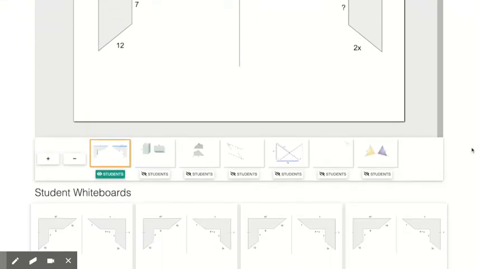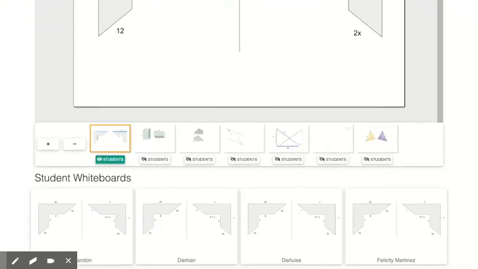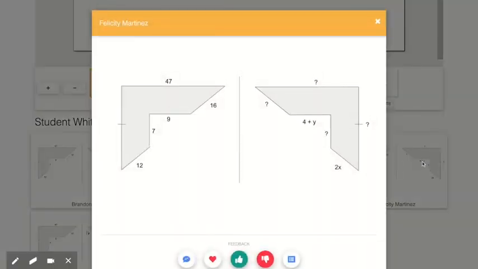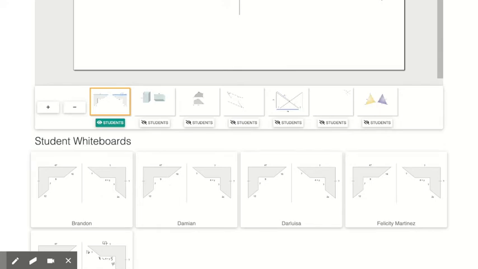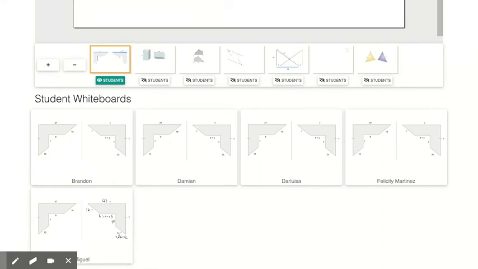So it seems like we're just matching parts that are the same, that overlap when you flip them. Okay, so we have our first number. Let's make sure that we're filling out what Miguel helped us with. So we have 47.